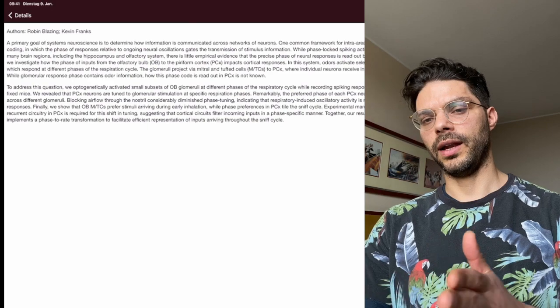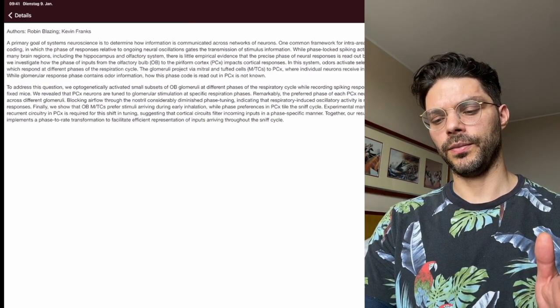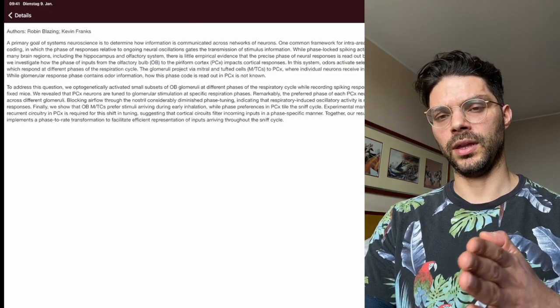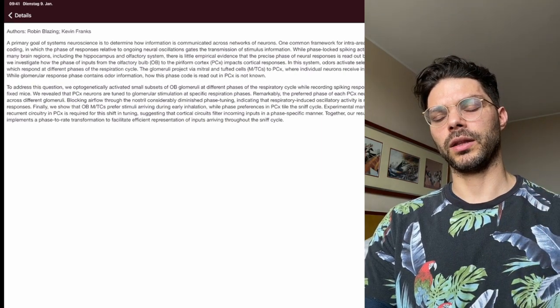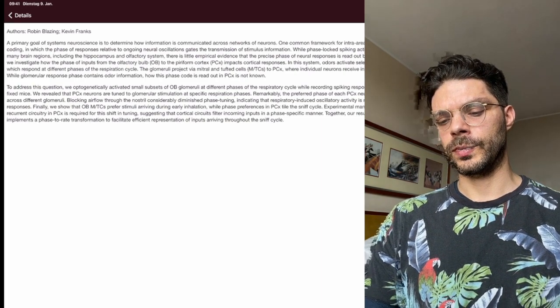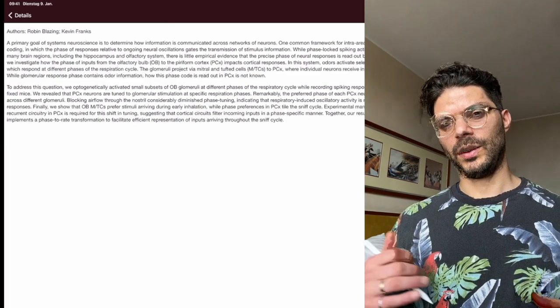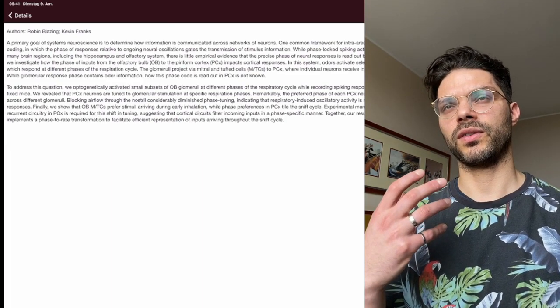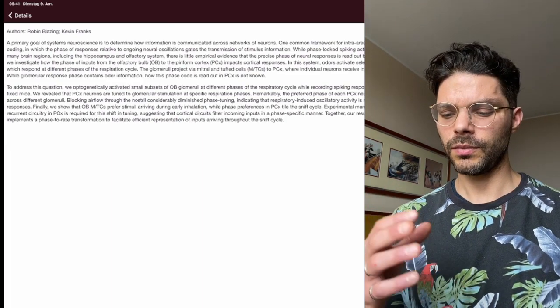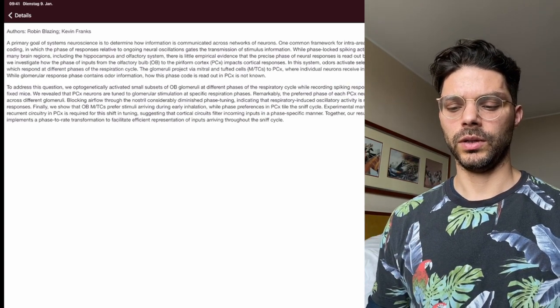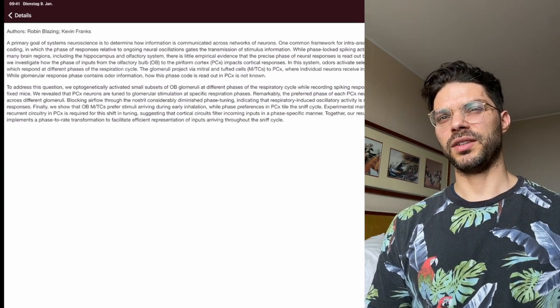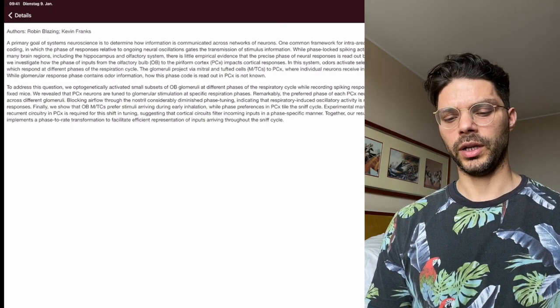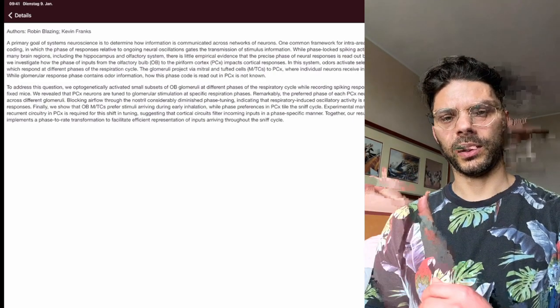So that information of where they're firing within the respiration cycle indicates the strength of the odor. And presumably also there's a broader aspect as well, where the most excited neurons in general will respond first. So if you're in a glomerulus that's really excited by an odor, you're going to respond earlier in the sniff cycle than others.